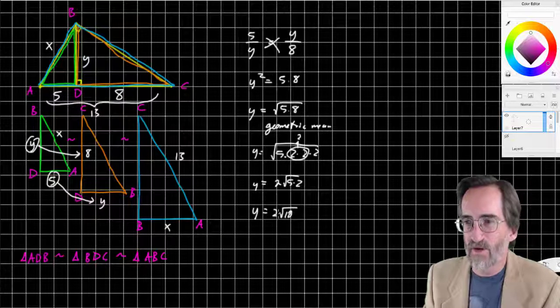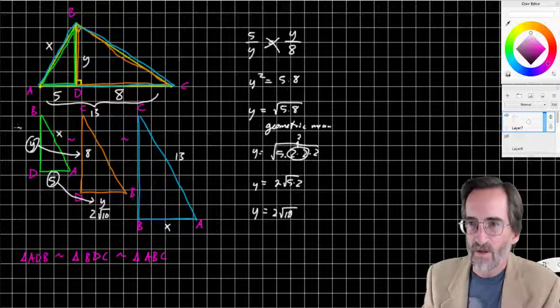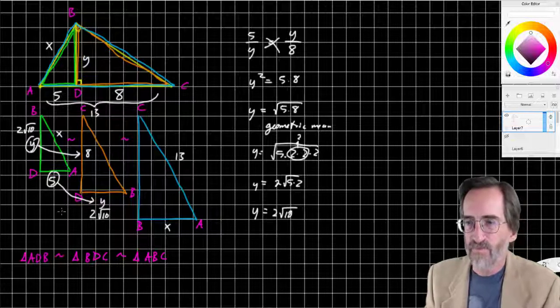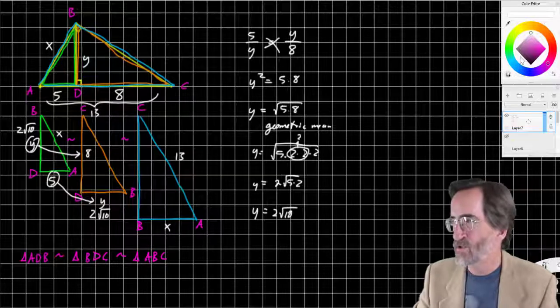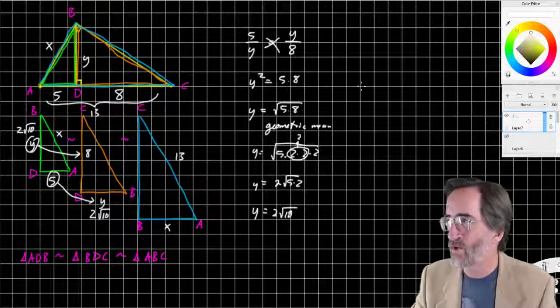Let's see if we can figure out what X is. So let's fill in Y. 2 root 10. Okay. And let's see if we can figure out what X is. Here's a ratio I can use. Let's see, what color have I not used? I think I've used them all. Blue or yellow. Yellow. All right.